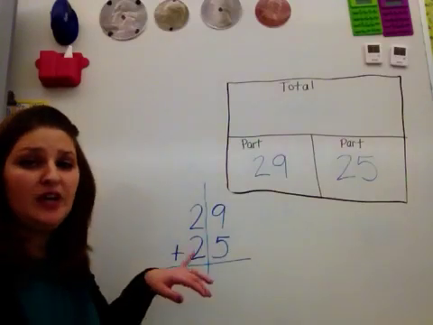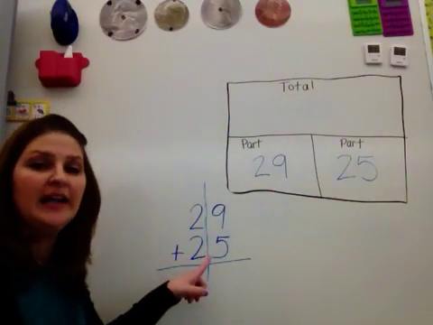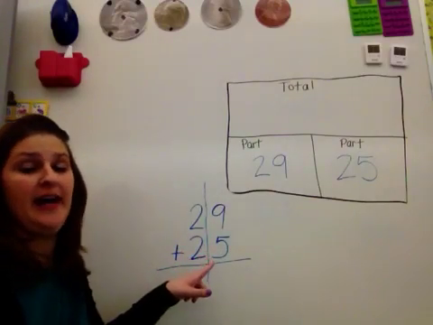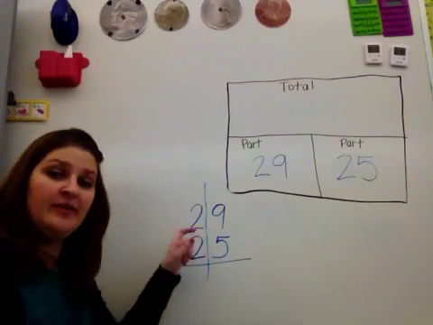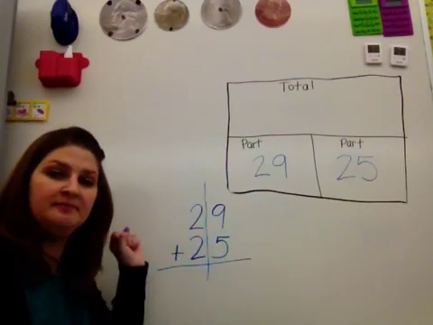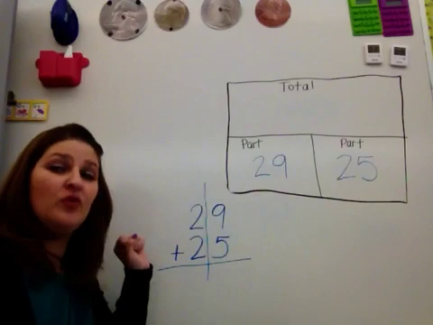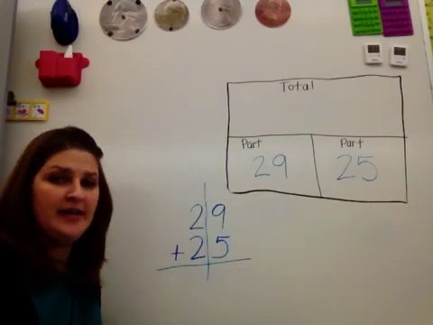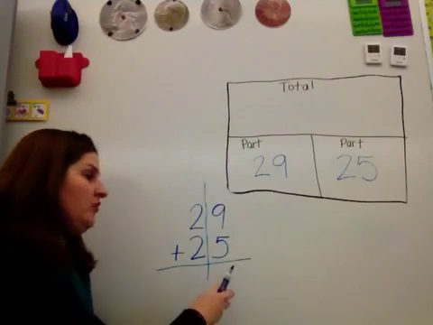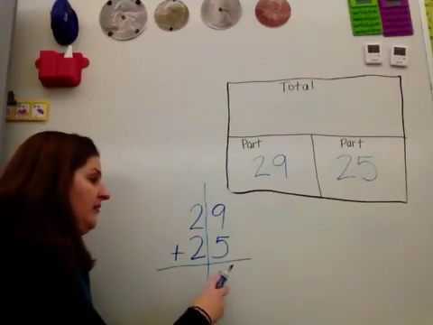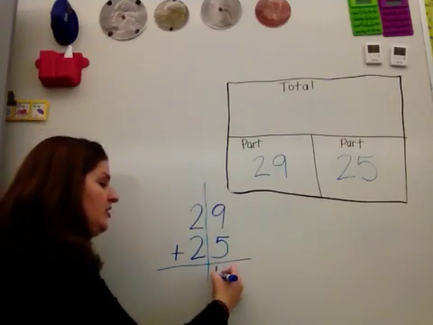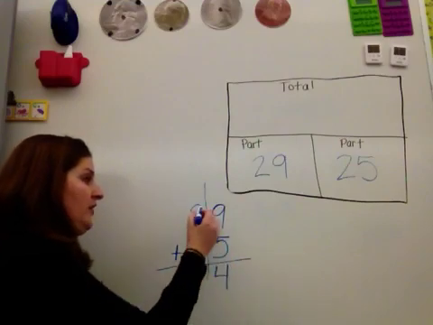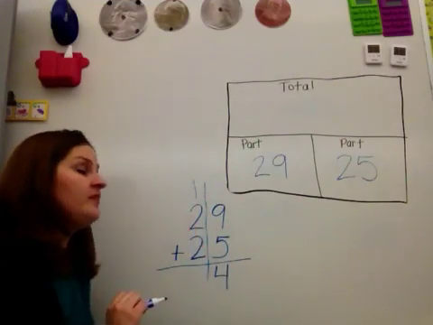So, if you start in the ones column, you have 9 plus 5. So figure out what 9 plus 5 equals. 14. So think about how we're going to write that number. Only one can go in this spot. So the 4 is going to go down, and we're going to carry the 1.